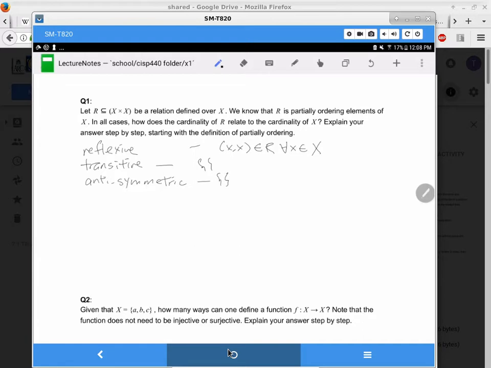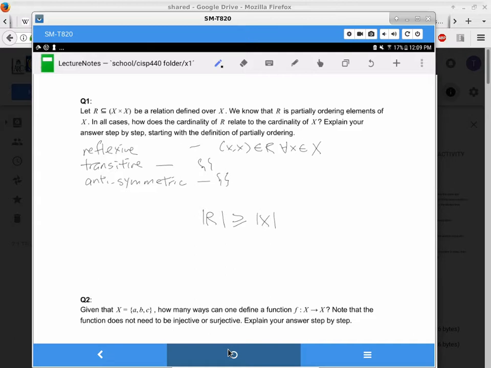That means the number of elements in X is a lower bound on the number of elements in relation R. So the answer is the cardinality of R has to be greater than or equal to the cardinality of X. That's the best you can say, because you cannot say how much bigger.